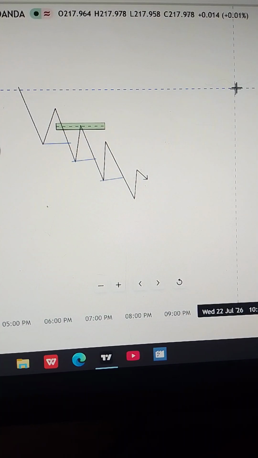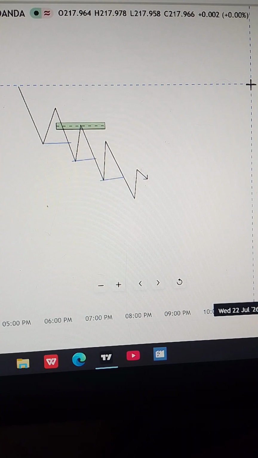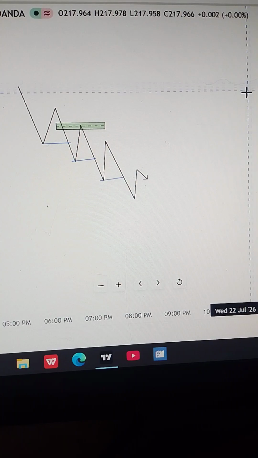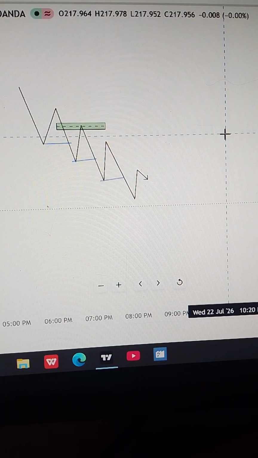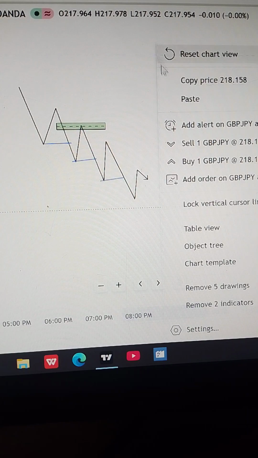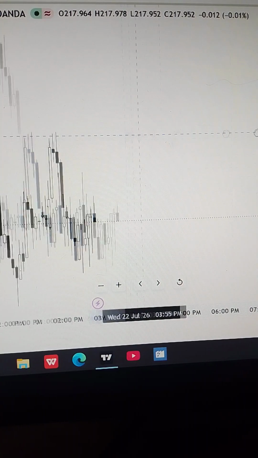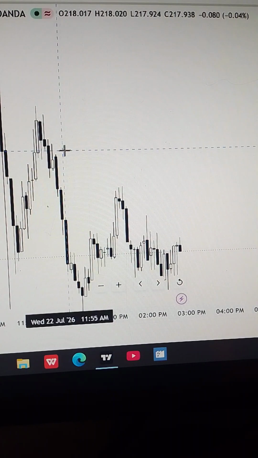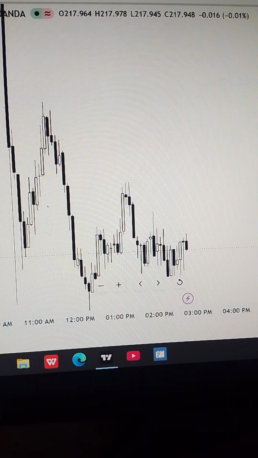If there is none, you add more positions, stack more positions. So that's how to know the direction of the market.